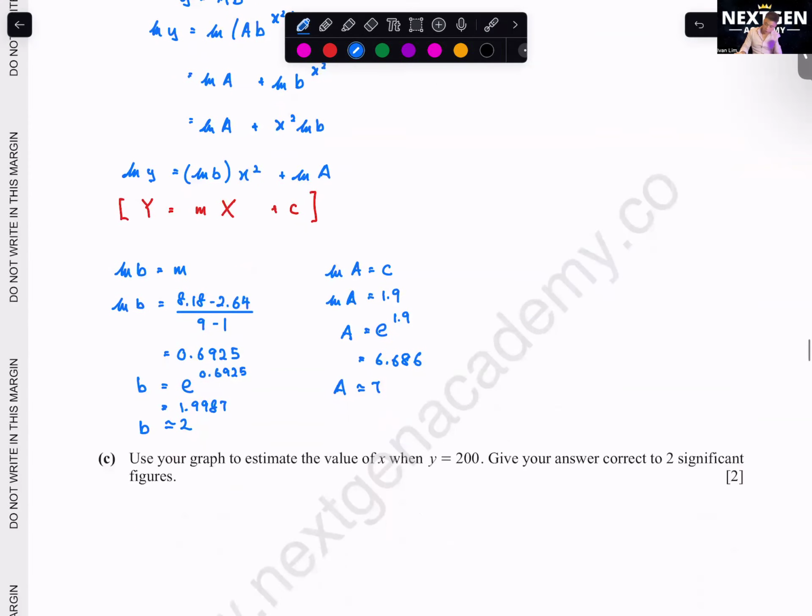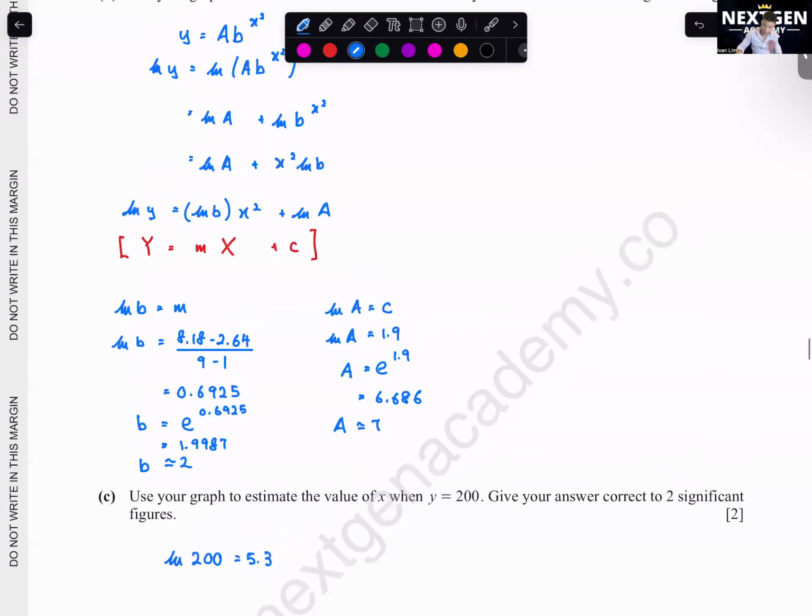Okay, the last one. Use your graph to estimate the value of x when y equals 200. Give your answer correct to 2 SF. So here, if y equals 200, according to the graph, it will be ln 200. The value that we want to read from the graph is 5.3. So when ln y equals 5.3, we go to the graph.